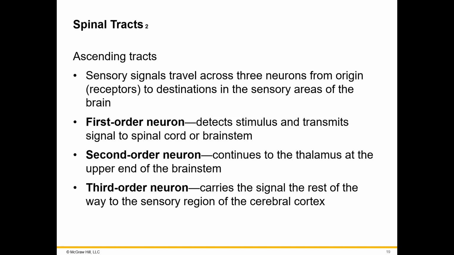Now, this ascending information, we know that first we have to go into our butterfly, the posterior horn. First, our ascending track does not look like one line, one trip to the brain.